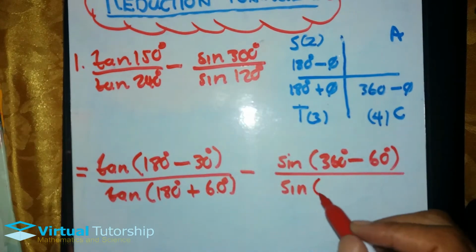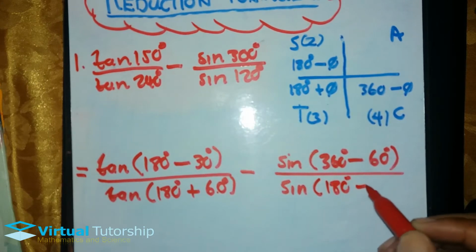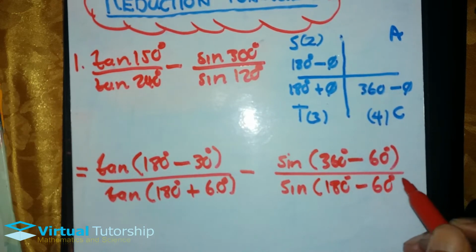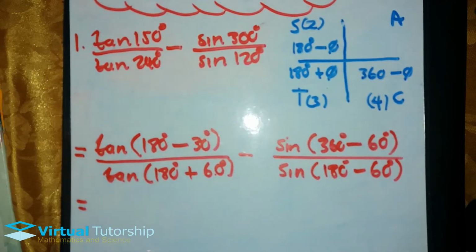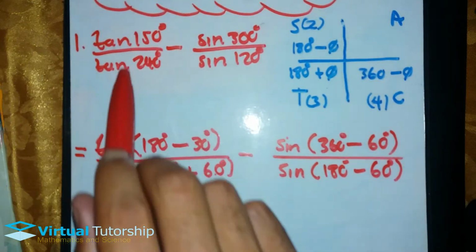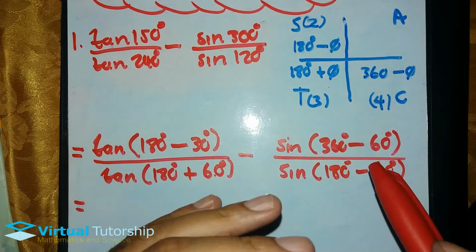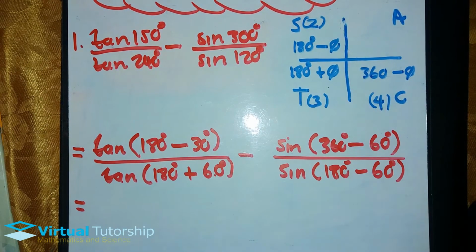So lo 120 sizomchange to 180 degrees minus 60 degrees. So bheka ke manje lama obtuse nama reflex angles uyawa reduce to ama acute angles by rewriting the angles in terms of ama reduction formulas.